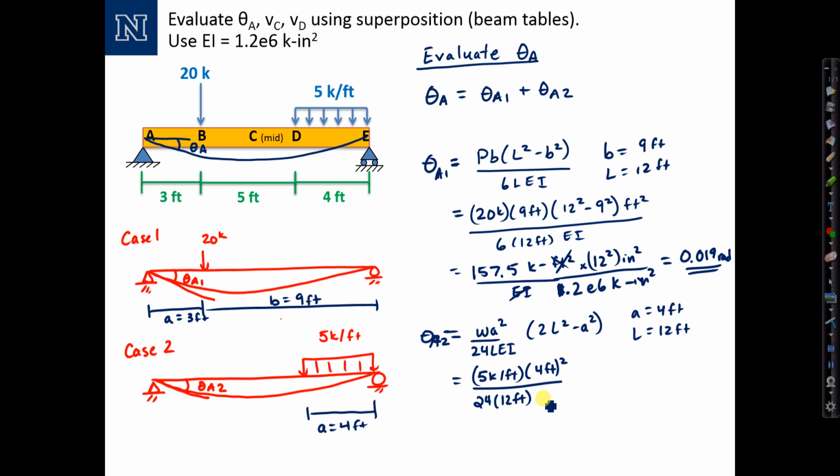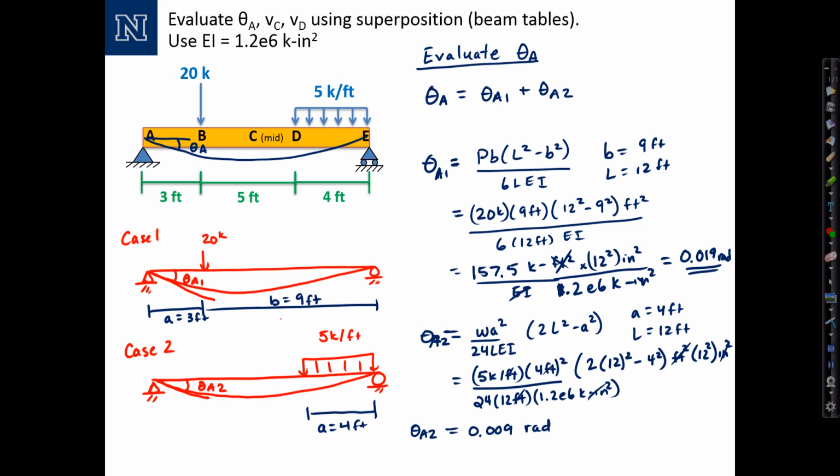I think I've done this enough times. I'll go ahead and include the numbers now. 1.2 E6 kip inches squared, and in the brackets 2 times 12 squared minus 4 squared. This is feet squared, and so I'm going to multiply it by 12 squared to get to inches squared. All of these units here should cancel out. You can stop and check more carefully for yourself. The number that I get is 0.009 radians for theta A2.